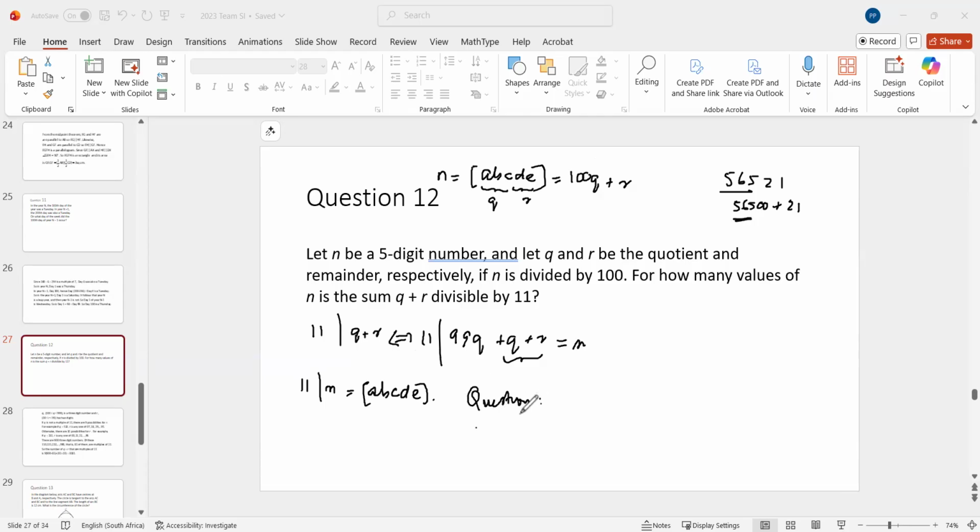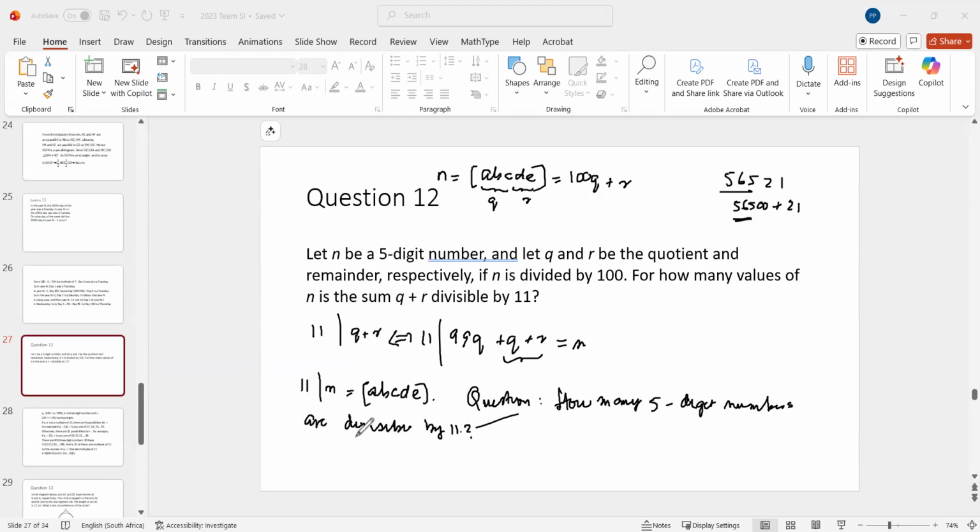Question: how many five-digit numbers are divisible by 11? All right, now, so that is the question, because this is a random 5-digit number, but all you want to know is whether 11 goes into it.